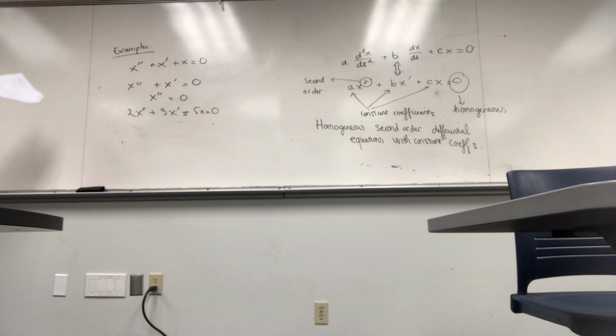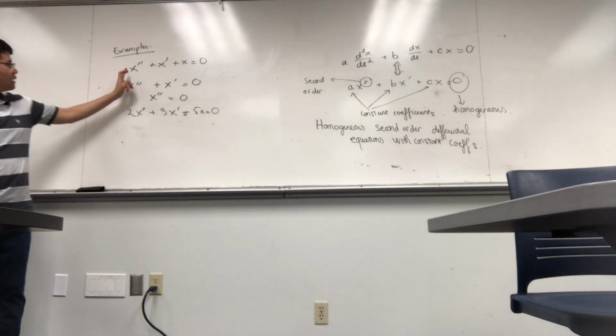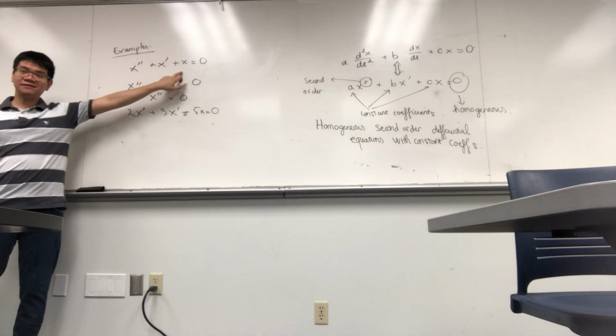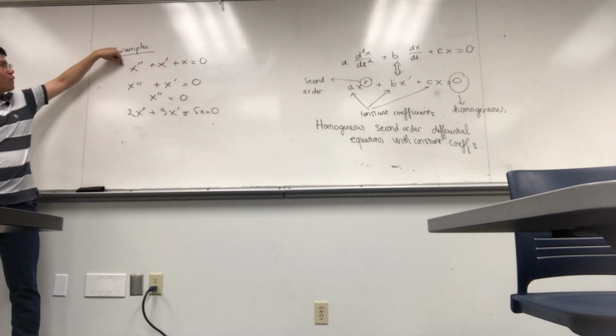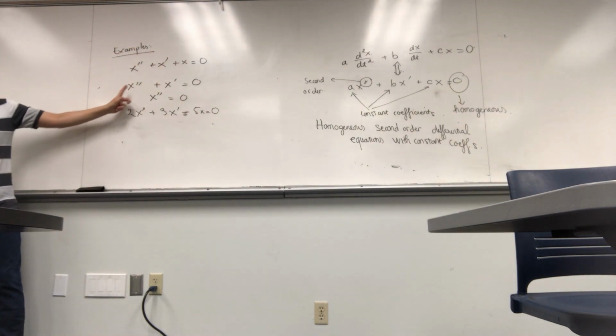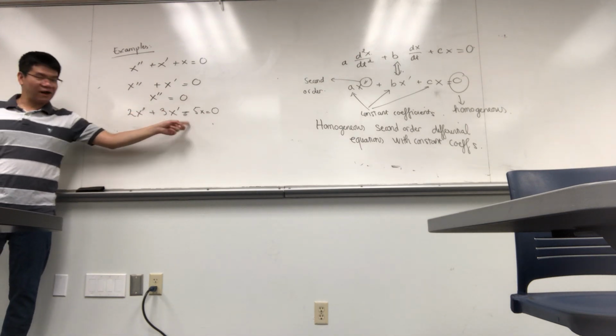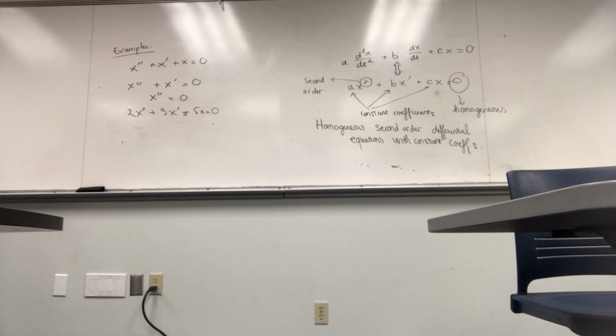All of these equations are homogeneous second order differential equations with constant coefficients, because the coefficients in front of x second, x prime, and x are constant. Here it is 1, 1, 1. Here it is 1, 1. Here it is 1. And here it is 2, 3, minus 5. The right hand sides are always 0. This is why we call it a homogeneous equation.